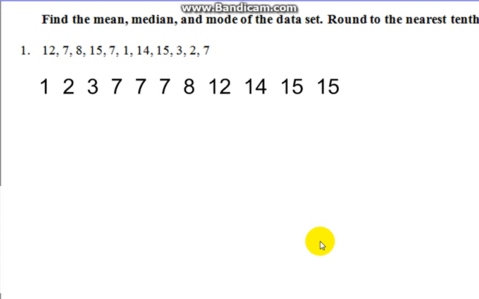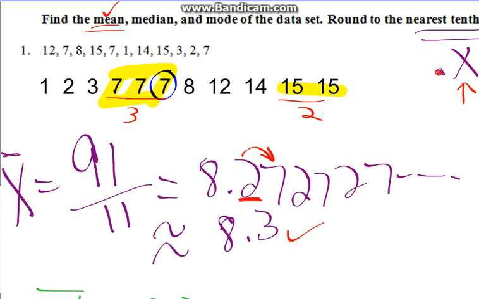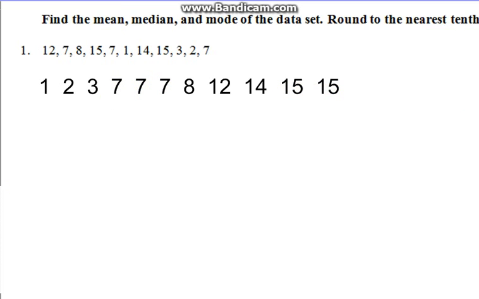The first thing we want to do is put them in order. So we've got a 1, a 1 there, a 2, a 3, a 7, another 7, and another 7.